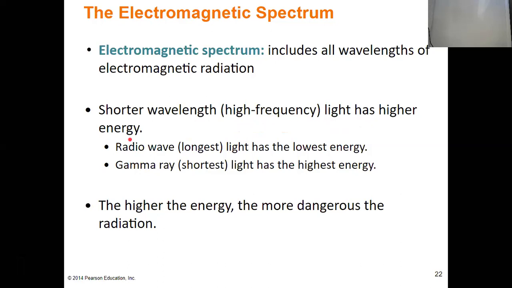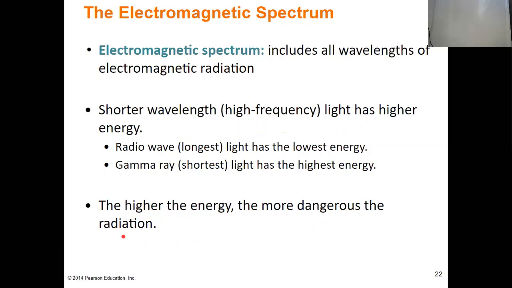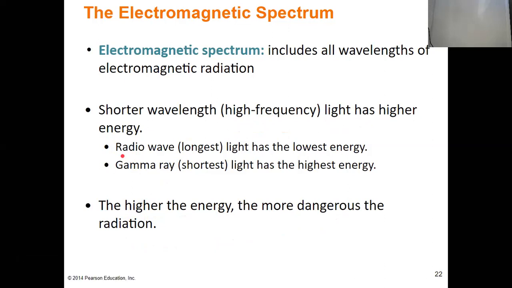So the greater the frequency of light, the greater the energy associated with it. Also, the higher the energy, the more dangerous the radiation is. At the low end of our energy spectrum are radio waves. Radio waves have the longest wavelength and they have the lowest energy. At the other end are gamma rays, which have the shortest wavelength and subsequently the highest energy.